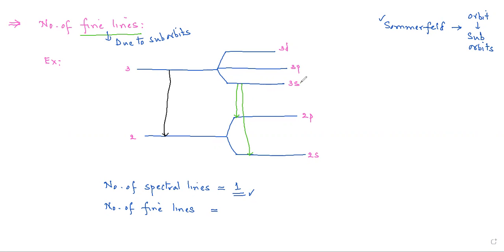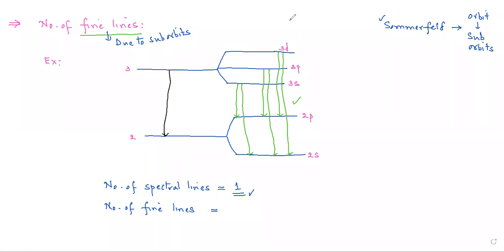So from one of the sublevels of the third orbit to both the sublevels of the second orbit. Got it? Now let us do the same thing in case of 3p also. Come down from 3p to say 2s, from 3p even to 2p also. Now from 3d to 2s. Similarly from 3d to 2p.